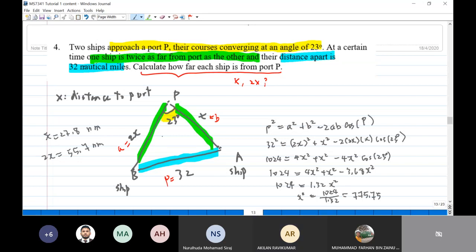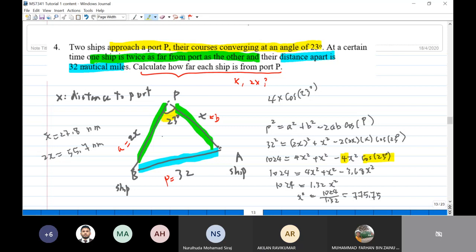What you do is take 4 times cosine 23 first, because there's a 4 here. There's the cosine 23 degrees, right? So you press the calculator.